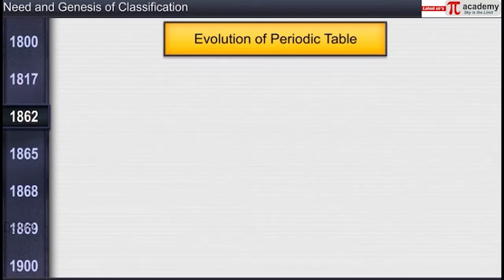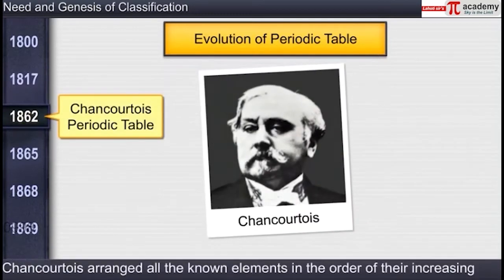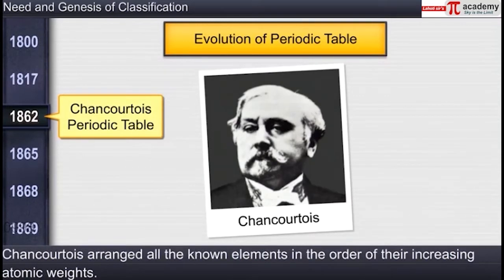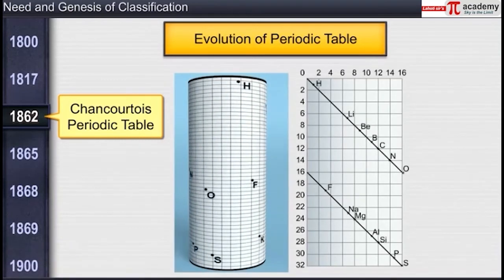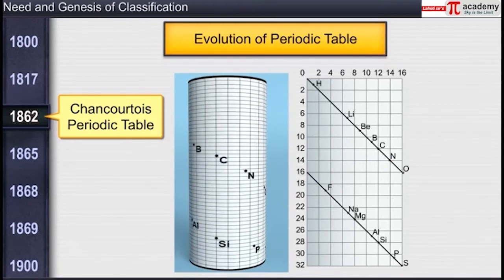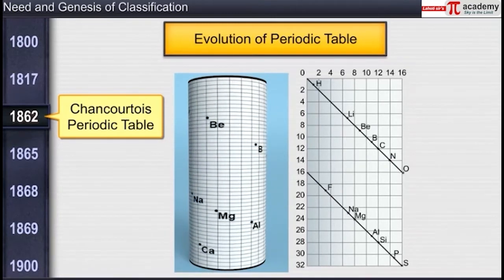In 1862, A.E.B. Deschamps-Courtois arranged the then known elements in order of increasing atomic weights and made a cylindrical table of elements that displayed the periodic reoccurrence of properties.